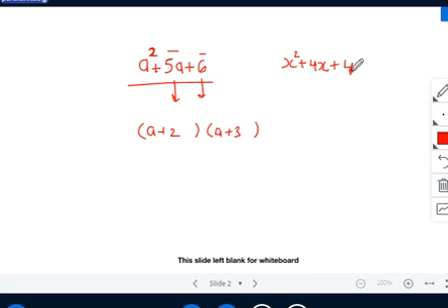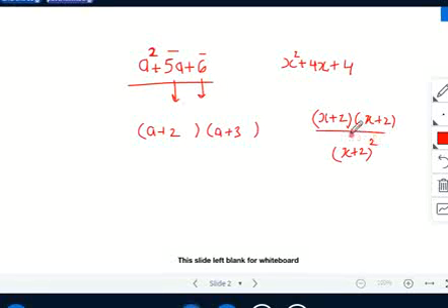So it will be x plus 2 in one bracket and x plus 2 in the other bracket. Yes, that's correct. These two factors are the same, so you can write it as x plus 2 whole squared also. This one is not incorrect. You can write it in this form also.